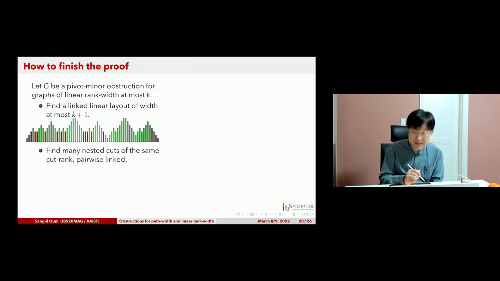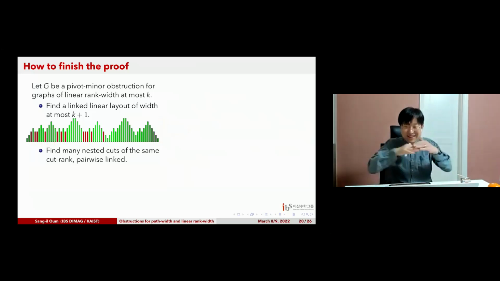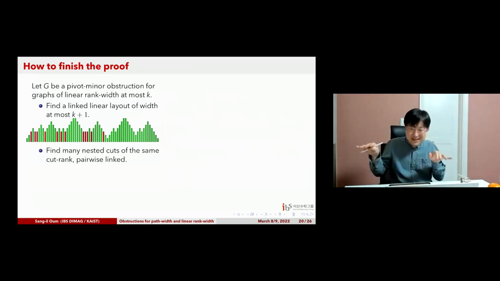This is possible because the graph is big, so the number of cuts is huge, but the height is bounded. You have only k plus 2 distinct values, 0 to k plus 1. So by pigeonhole, you can find some cut value repeating many times.